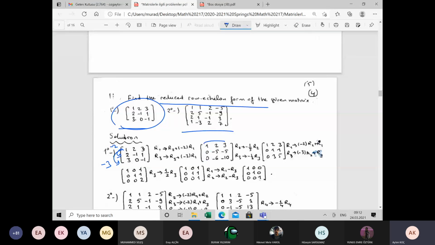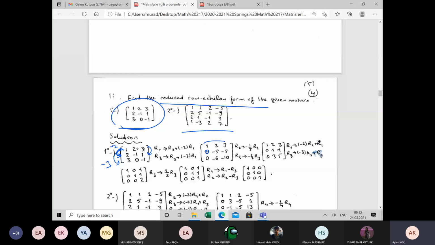Take the first row, multiply by -2: -2 plus 2 is 0, -4 plus -1 is -5, -6 plus 1 is -5. Now apply the next one: multiply by -3 and add to the last row. -3 plus 3 is 0, -6 plus 0 is -6, -9 plus -1 is -10.